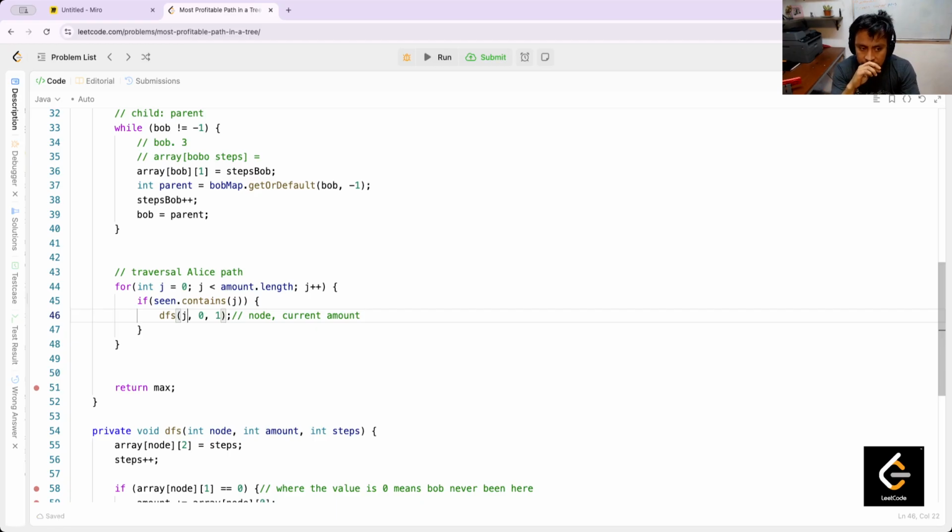And the number of steps where it has not been visited before is zero. Yeah, it's starting at zero.